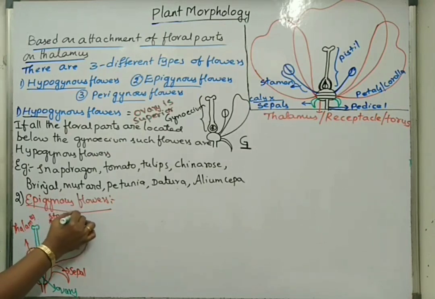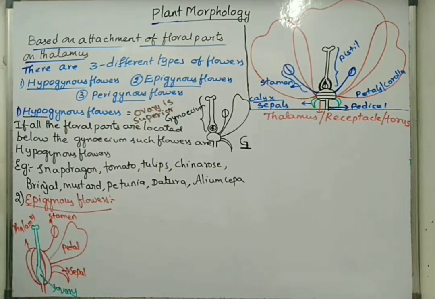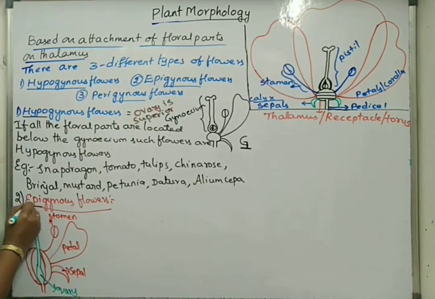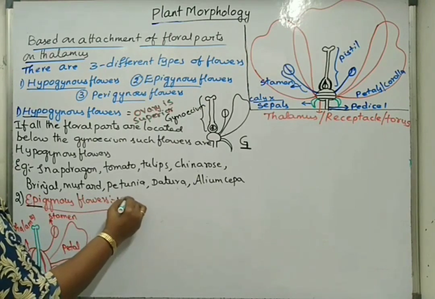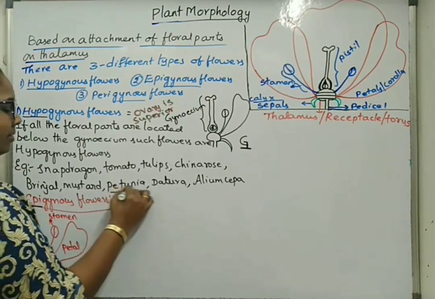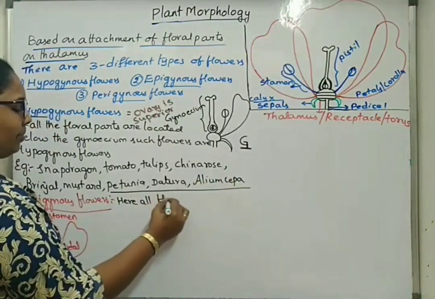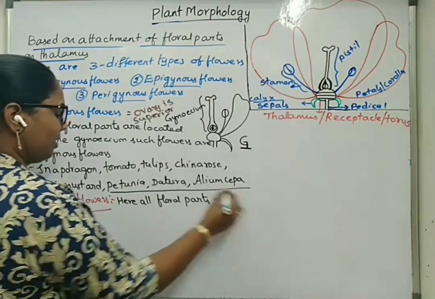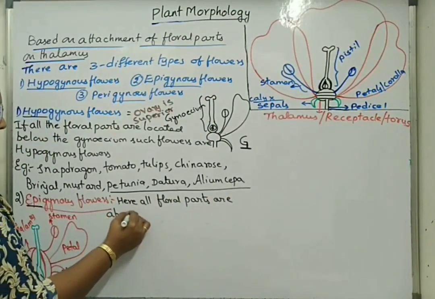All are located above the gynoecium position. So we are telling such types of flowers as epigynous. Epi means above the gynoecium. Here all floral parts are above gynoecium.